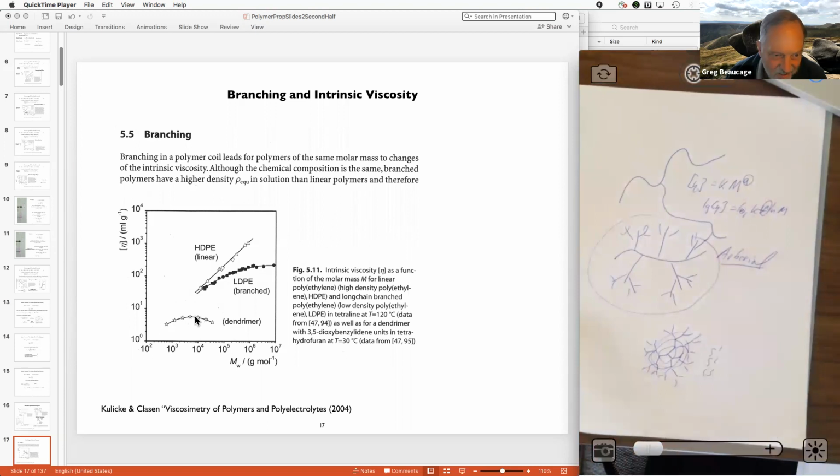The curve swoops over, right? So the higher the intrinsic viscosity for a given molecular weight, we expect it to go up with molecular weight.